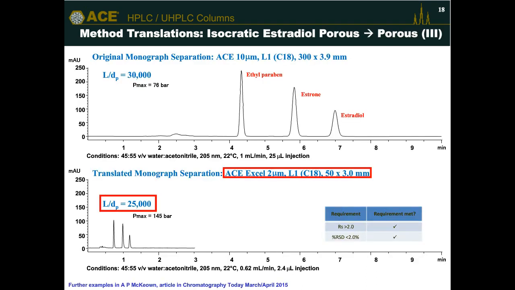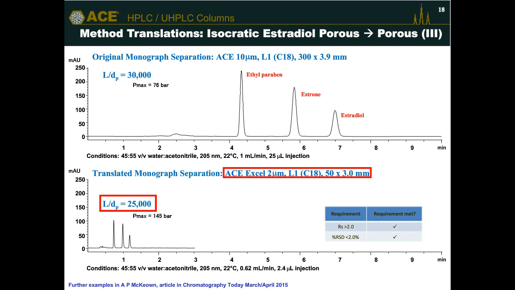Well, here we have a column that's got a lower length to particle size ratio. So here it's only a 5 centimeter column with 2 micron particle size, but it is still separating out our 3 analytes of interest and meeting the requirements from the monograph.